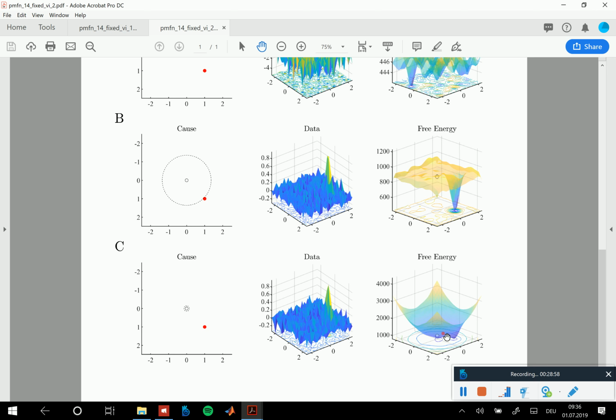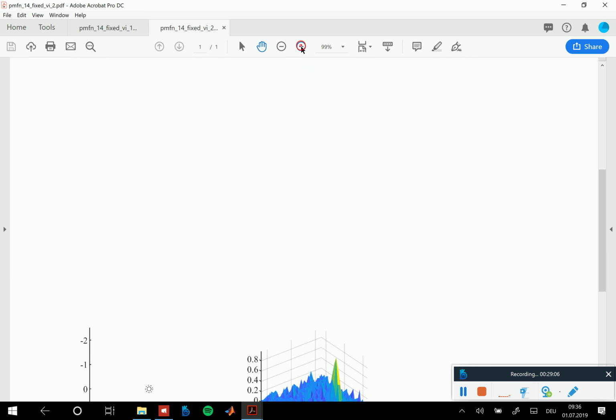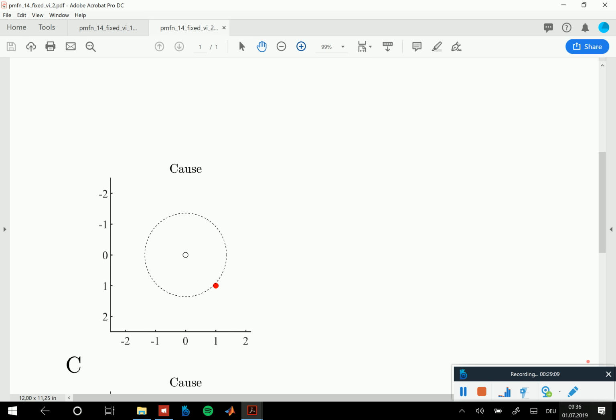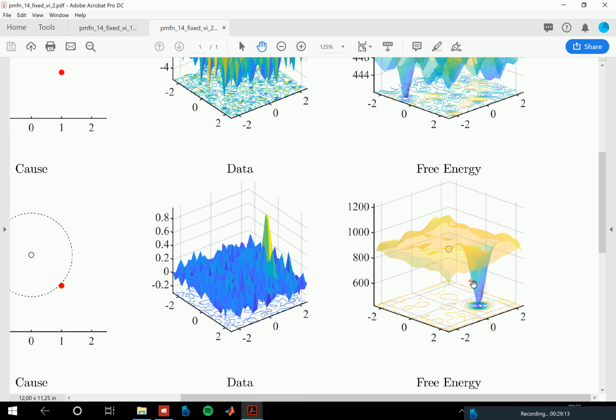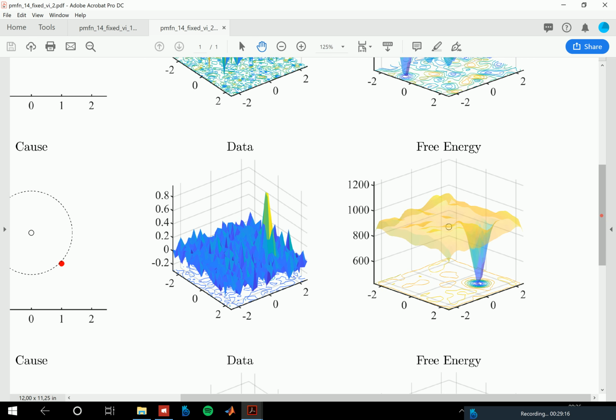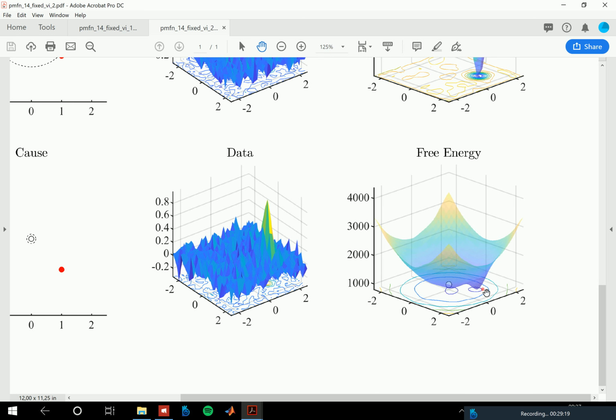You have this very strong well of the free energy, and there is a little bit of an additional well here where the true but unknown cause is, but again, because you're already in a well and the gradient might already be 0 at this location, you also don't move out of this.